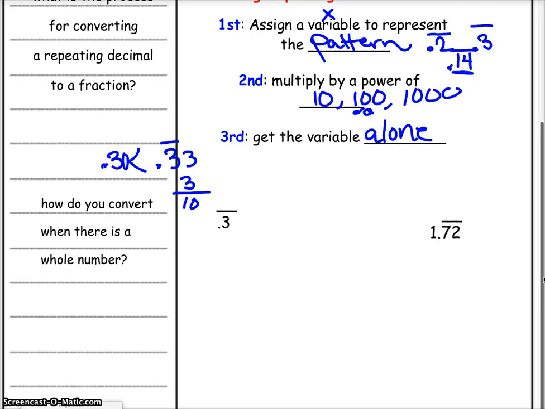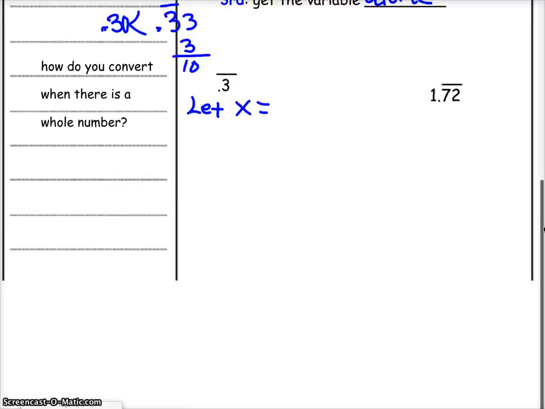So they are not the same thing. They are different fractions. The first thing I need to do is assign a variable. So this is where I say let x equal my pattern, 0.3 repeating. Let x equal 0.3 repeating.